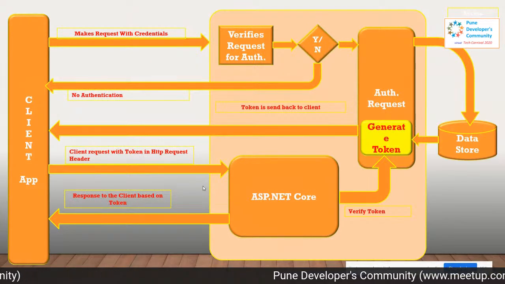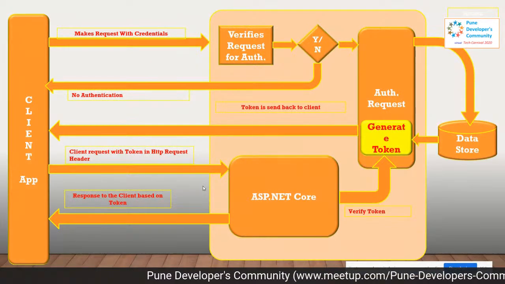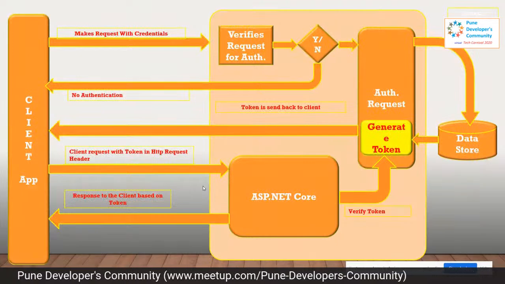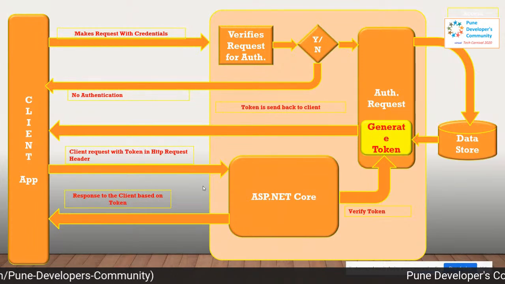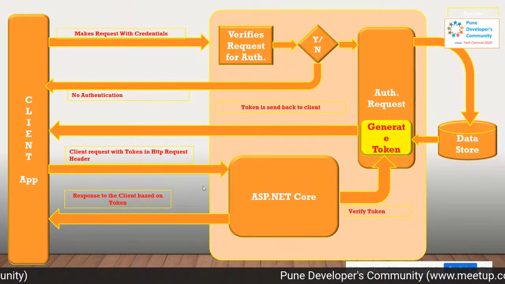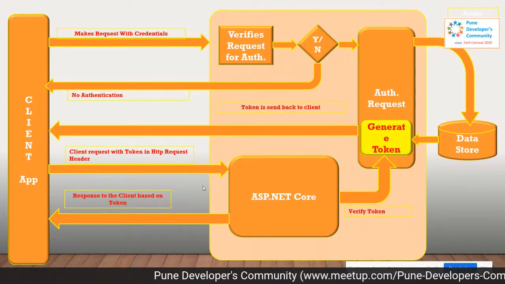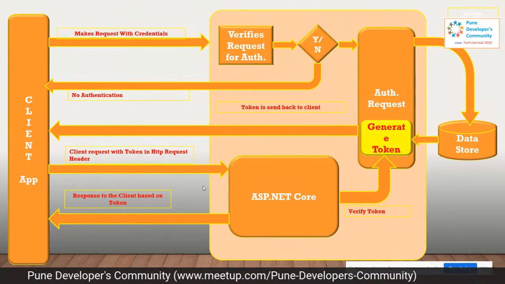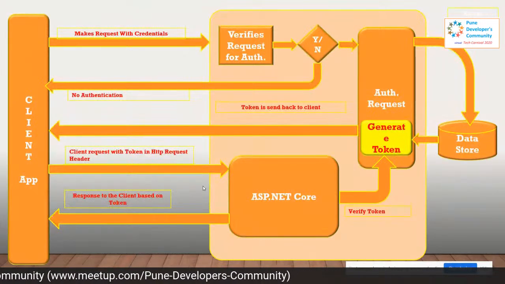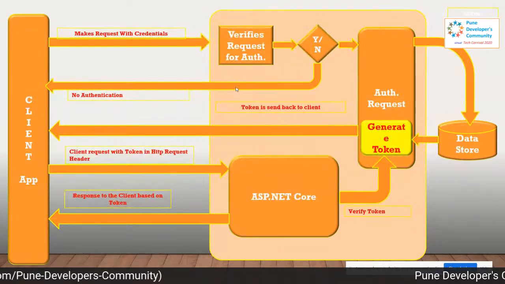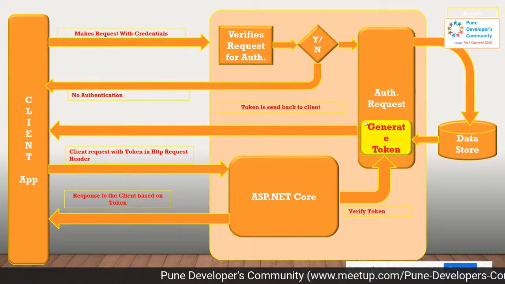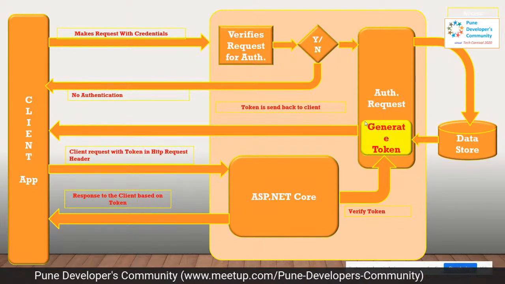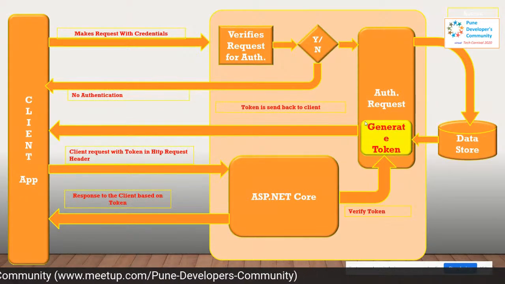The client must have something to send so that the server can validate the request. The token is a type of identity guarantee which I give to the client, saying you send me your username and password, your identity is appropriate, your credentials are validated, and this is the identity we are giving you.